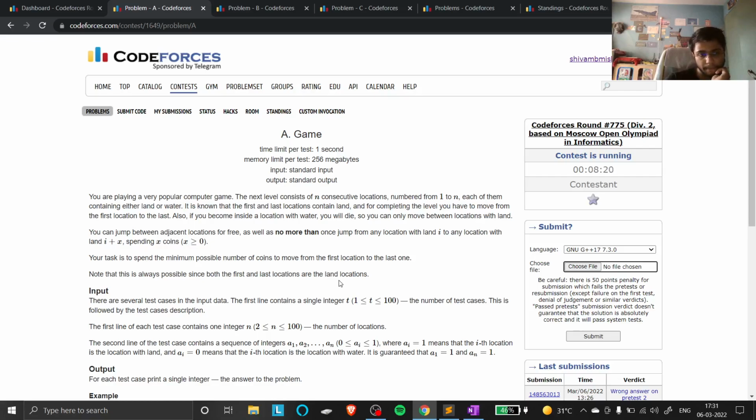No more than once, jump from any location with land I to any location with land I plus X, spending X points. You can jump between adjacent locations for free.